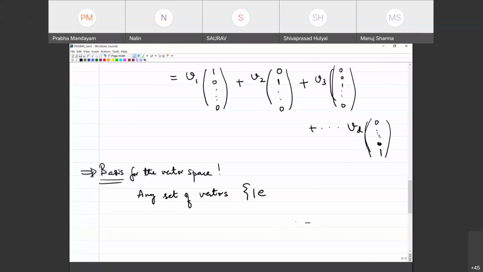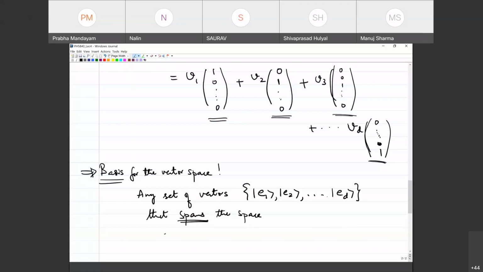So let me say E1, E2, etc. And how many of these basis vectors do we have for this space? D of them. Good. So let me say E sub D. Any set of vectors that spans the space forms a basis.